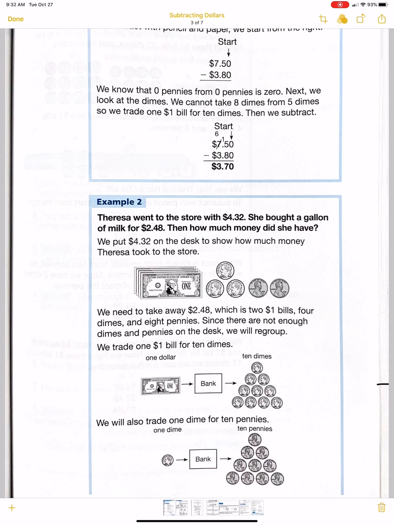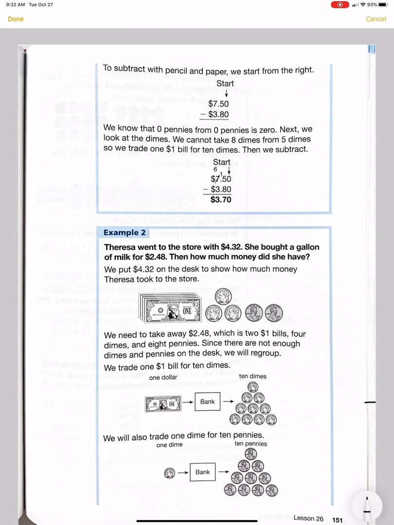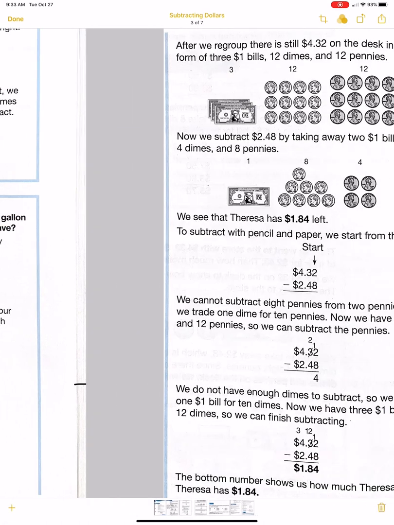All right, moving on. So I did that on the page before. Teresa went in the store with $4.32. She spent $2.48. Again, the amount of change you have here, the decimal number, is larger than the one you have here. So they traded $1 for 10 dimes.